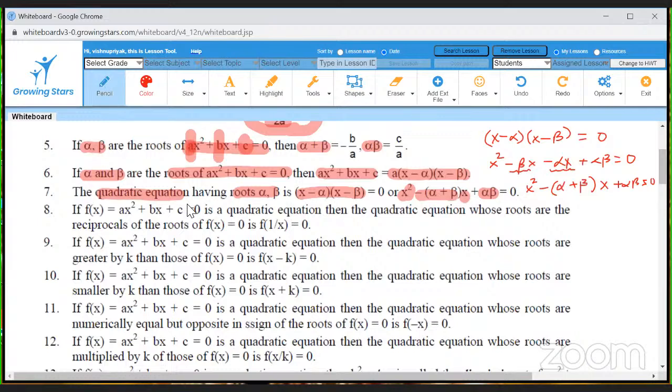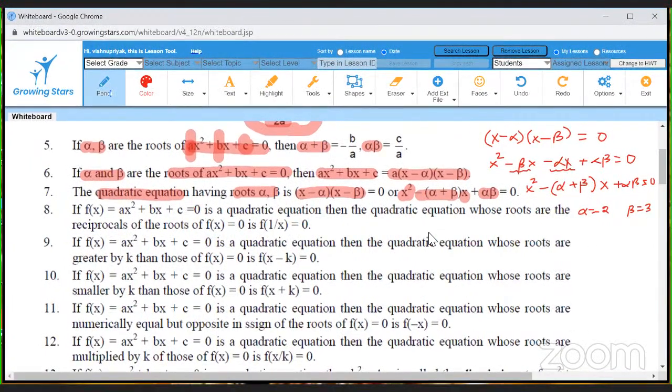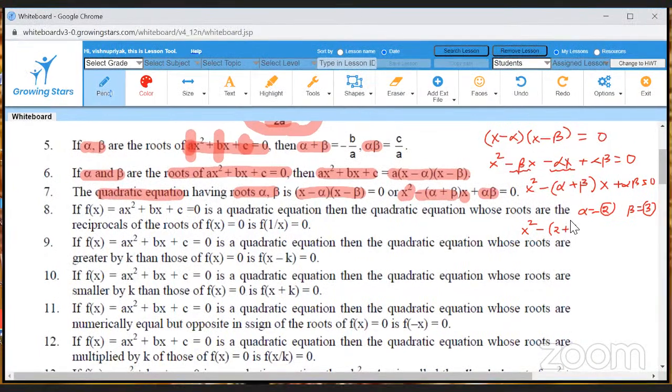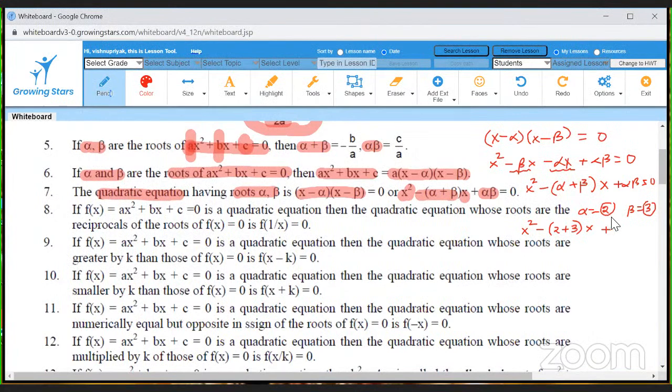So what you can understand from this is, if I give you two roots, alpha as 2 and beta as 3, you can make the quadratic equation. How? x square minus the sum of the roots, add up 2 and 3, 2 plus 3, into x, plus the product of the roots, multiply 2 and 3, equal to 0.